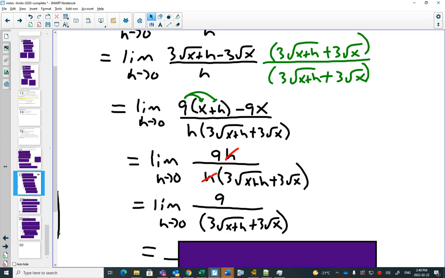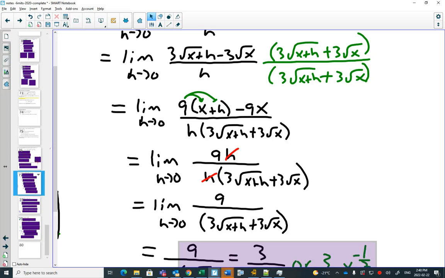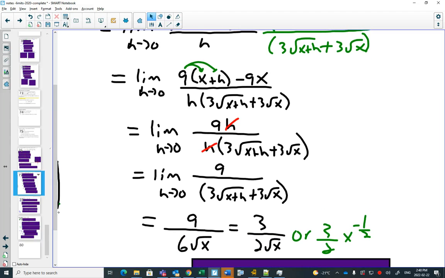And now we no longer have that single h on the bottom, which was causing us problems. You can now plug in 0 for h, and you get 3 root x plus 3 root x on the bottom, which is 9 over 6 root x, which you could write as 3 over 2 root x.